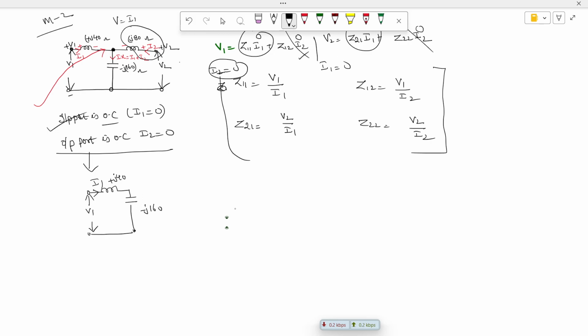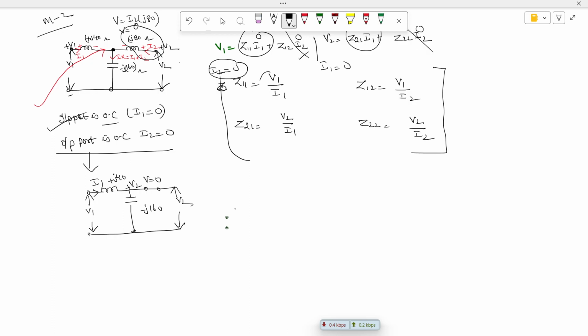The drop is I2 into j80. Since the output is open circuited, I2 is 0, and 0 into 80 ohms is also 0. Therefore this complete branch becomes short circuited, with voltage 0. Therefore here we are going to have V2, and as the polarities are the same, this will be our V2 and this is the current.